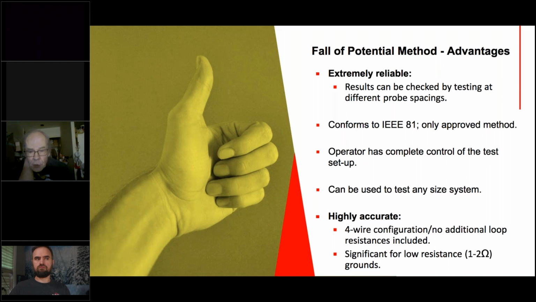So fall of potential is the best method. If you can do fall of potential and graph it, that's the best way to go. It's fully in conformance with IEEE 81. So if you have third-party involvement, that stops a lot of argument right there. And then the operator has complete control of the test.